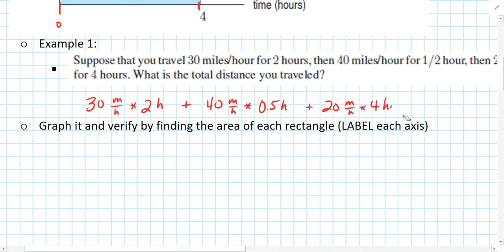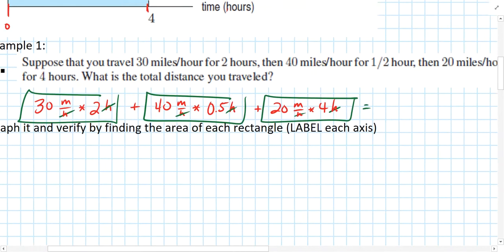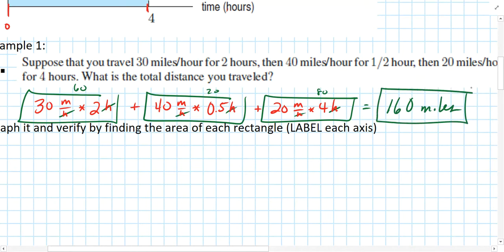That should tell us the total distance traveled because, again, in each of these cases the hours cancel, each result is in miles, so the sum total should also be a measurement in miles. So this looks like 60, 20, and 80, so we're talking about a total of 160 miles traveled.